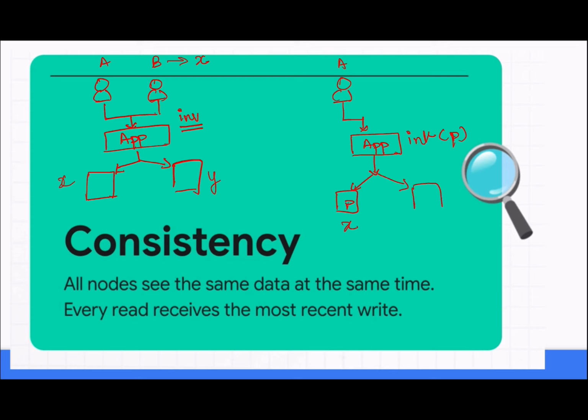But then we have another replica Y. Now this happens at X time. If user B comes in and tries to read the data at X plus 1 time, he should be able to see the product P even if the request goes to the Y replica. So the product P should be added at the same time to the Y replica, and when user B makes a request to read the inventory, he should also be able to see the product P.